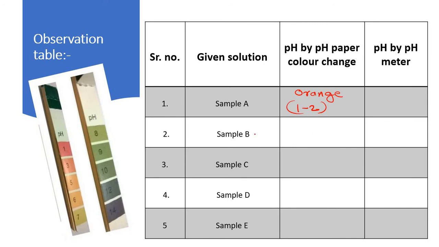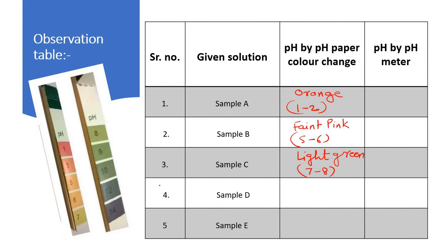If solution B has a faint pink color, then the pH range is about 5 to 6. For sample C, suppose it is a light green color, then the pH is in the range of 7 to 8.